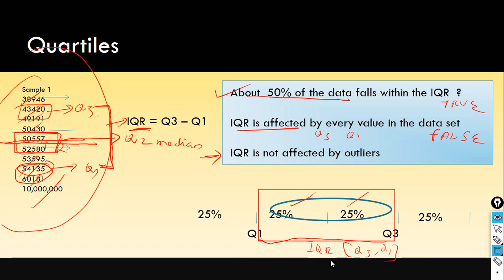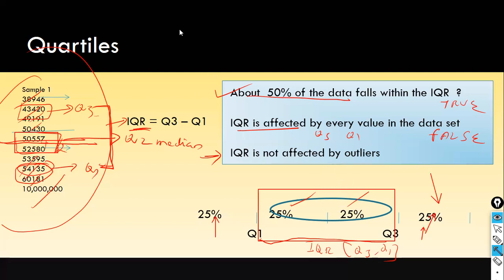You remember, Q3 minus Q1 is your IQR. So the IQR is not affected by everything. It is nowhere related to this 25% or that 25%. It is between Q1 and Q3. The interquartile range is not affected by outliers.